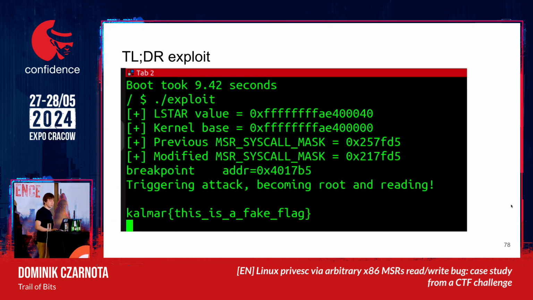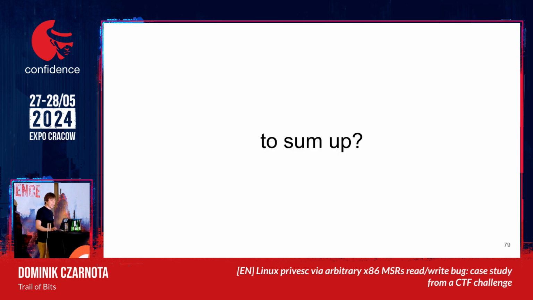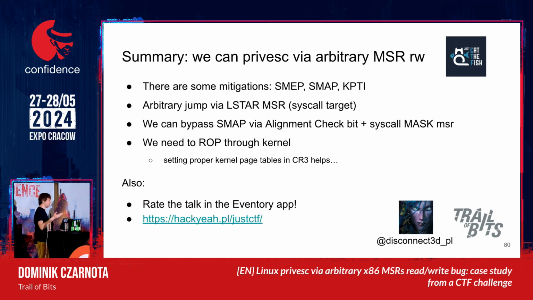Here is the same exploit on the slide. So to sum up, we can actually use the MSRs, if we have arbitrary read-write, to get a privilege escalation. Now the question is, how does this relate to any real-world stuff?